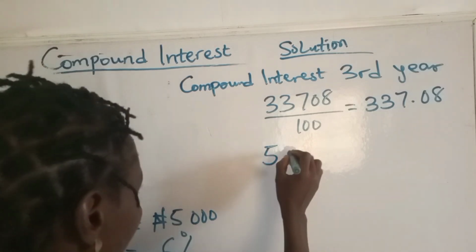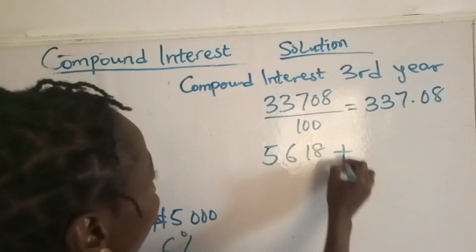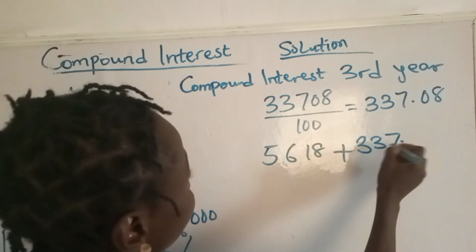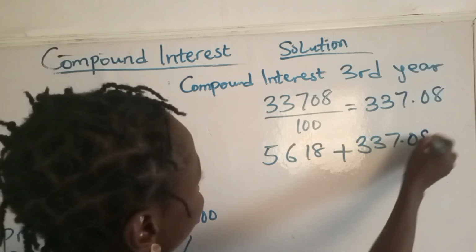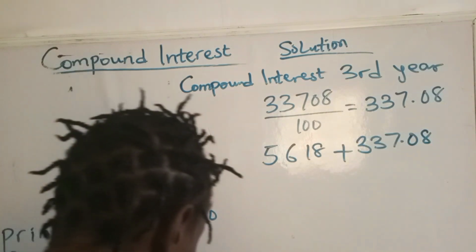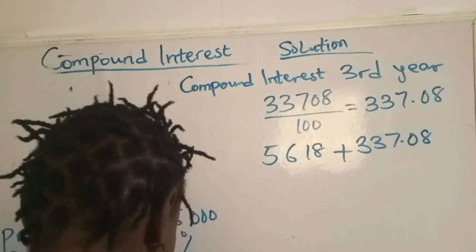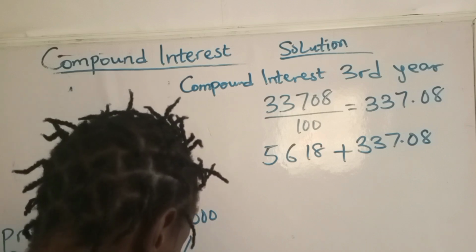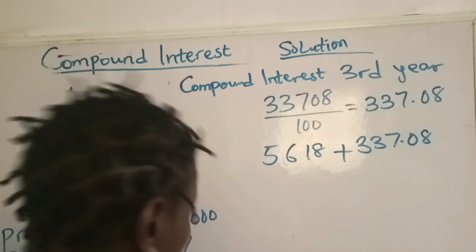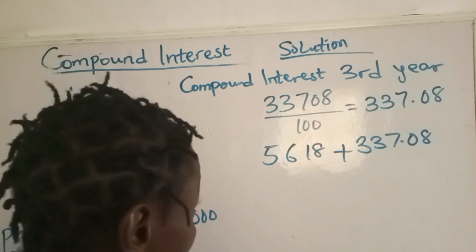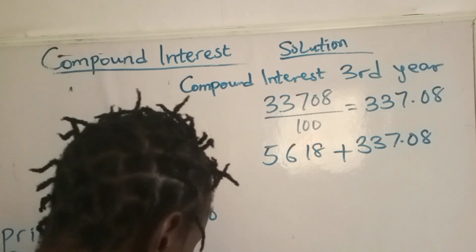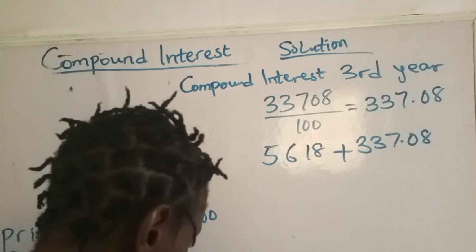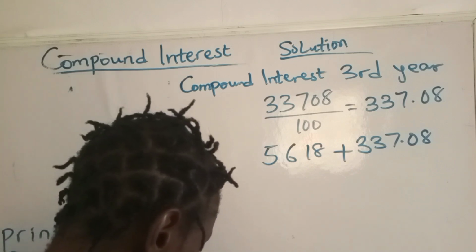Now we are going to add this to the money we have from the second year. That is 5,618 plus 337 naira 8 kobo. Let's use our calculator to do that. 5,618 naira plus 337 naira 8 kobo.